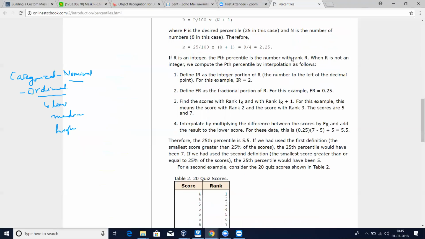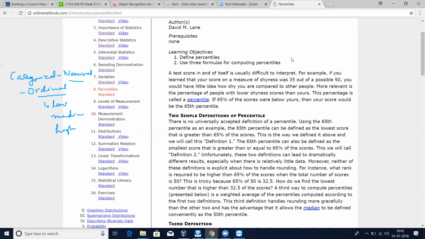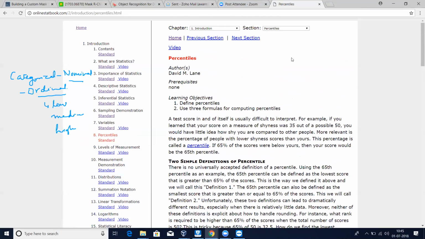Okay. So now, understanding where your data fits in, for that we have to understand percentiles. What do you understand by percentile? That many percentage of people are below us. Exactly.